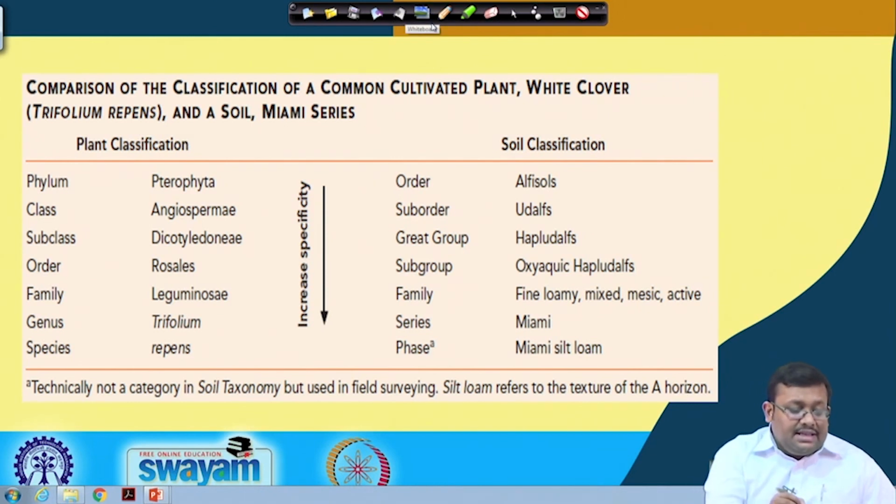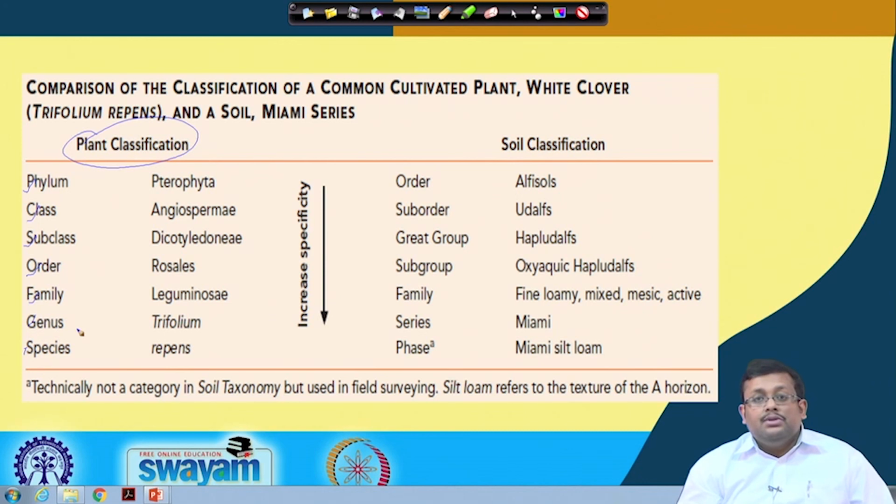For example, the plant can be classified into phylum, class and subclass, order, family, genus and species. Up to species level, which is the most specific level, you can classify that particular plant.